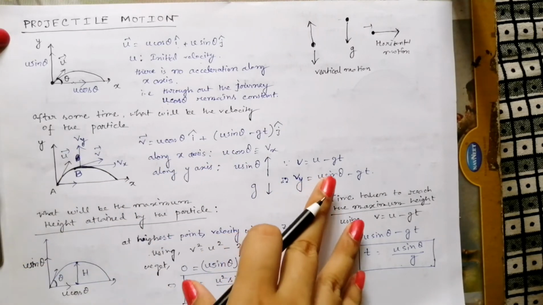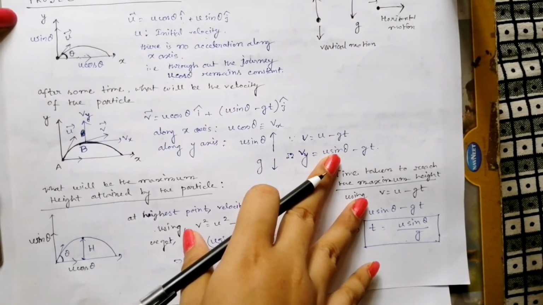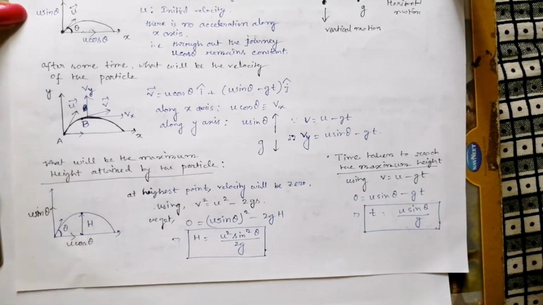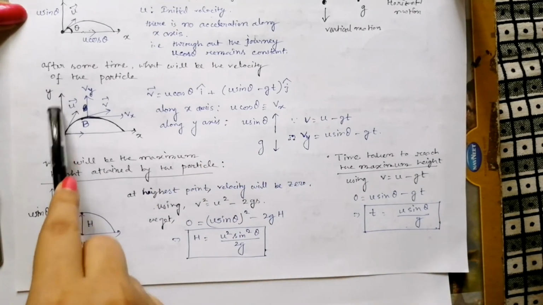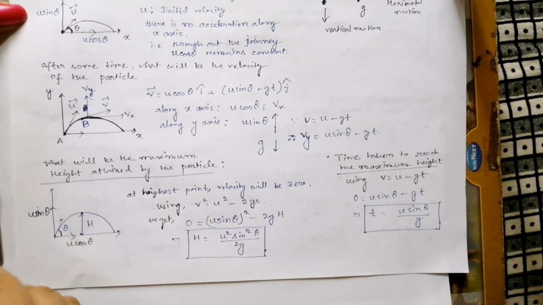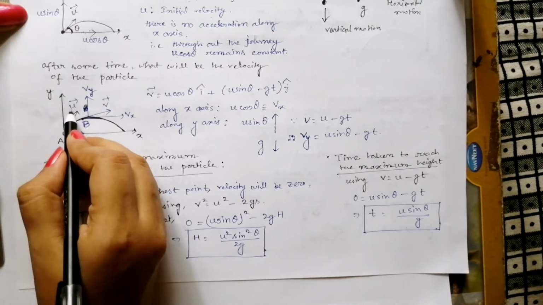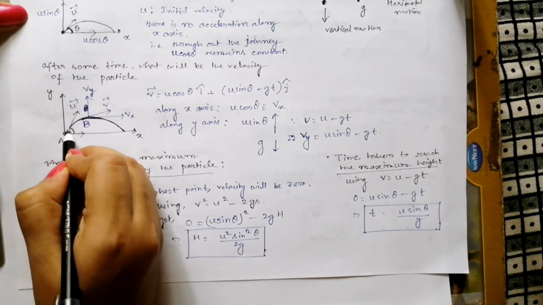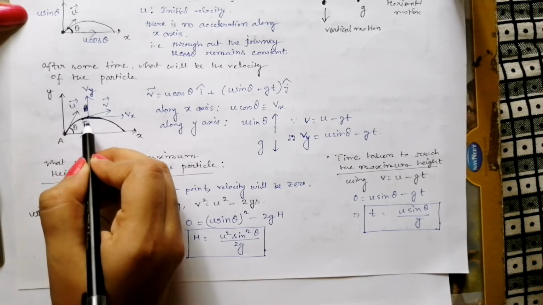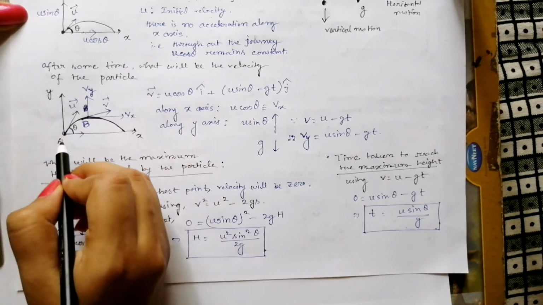Now, if someone asks what will happen to the particle after some time t, I have drawn another diagram. Here A is the point where the particle was initially. I have thrown the particle with velocity u at an angle theta with the horizontal. After some time t, let the particle be at position B, and here the velocity is v.